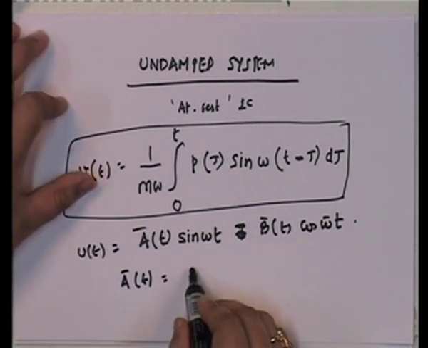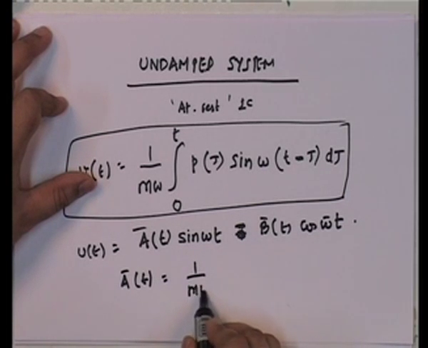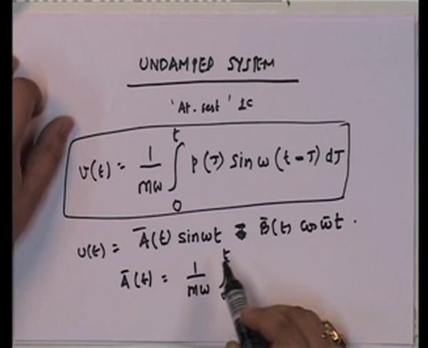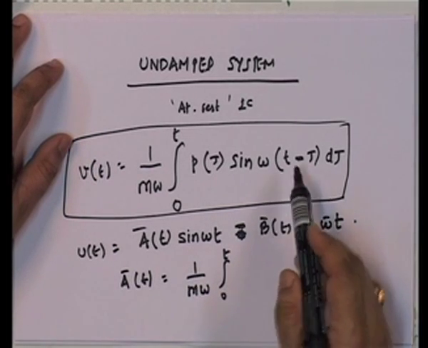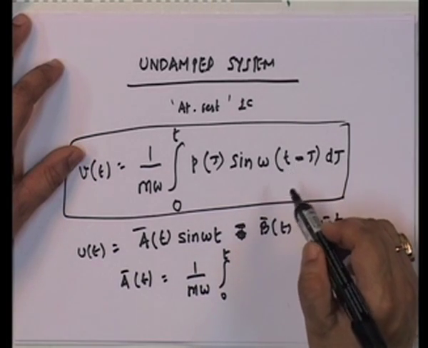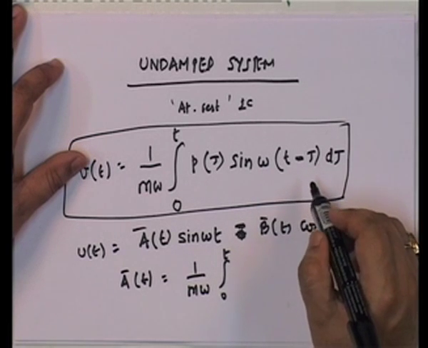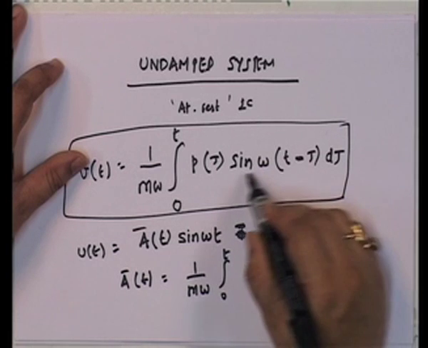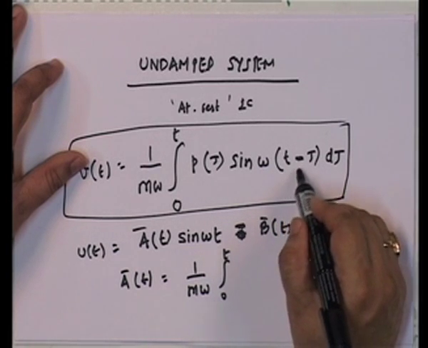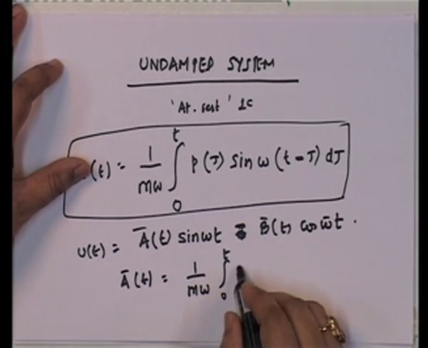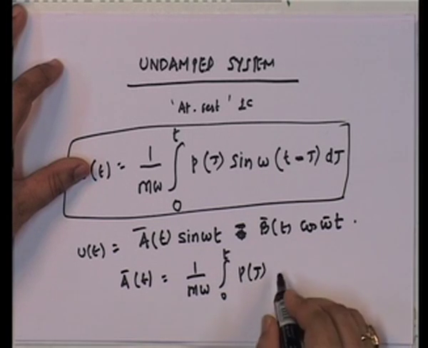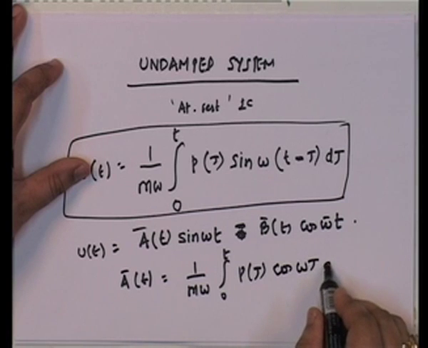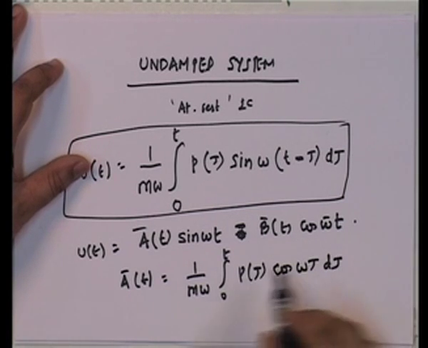Then if I look at this, a bar of t becomes 1 upon m omega, integral from 0 to t. If I take sin omega t out, what do I have inside? Inside I have cosine omega tau. So then this becomes p of tau cosine of omega tau d tau.